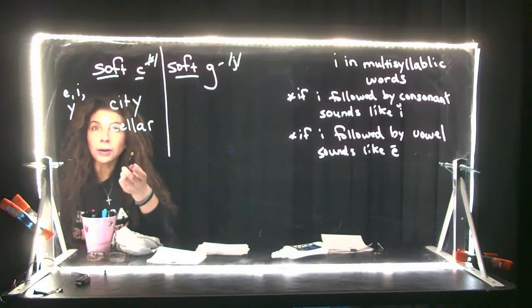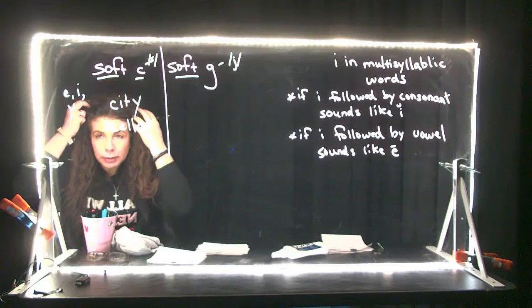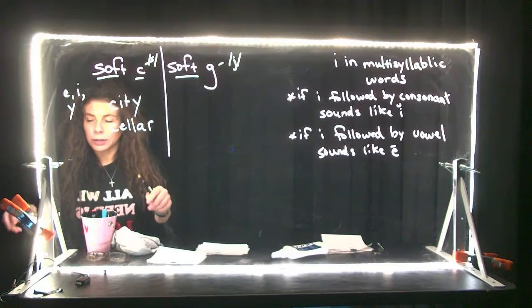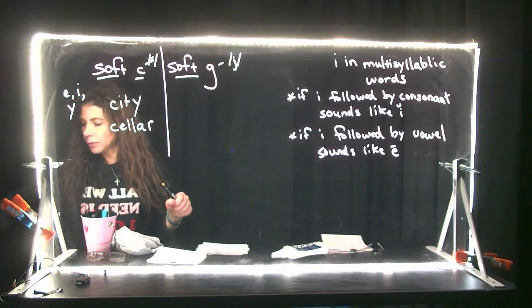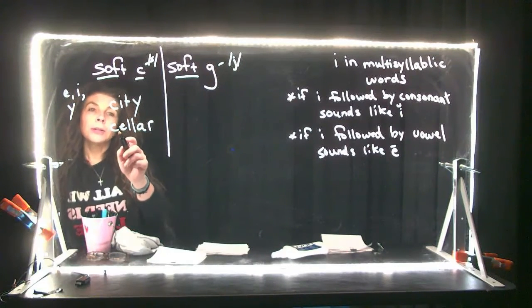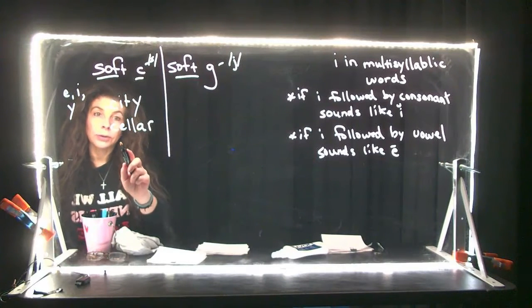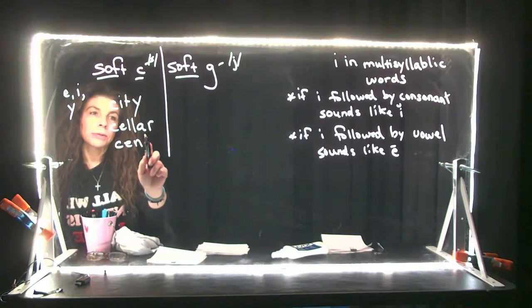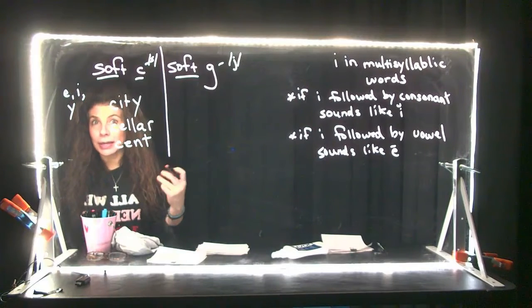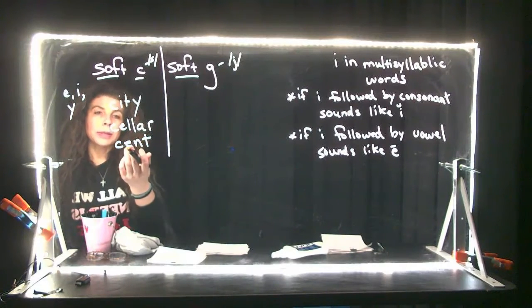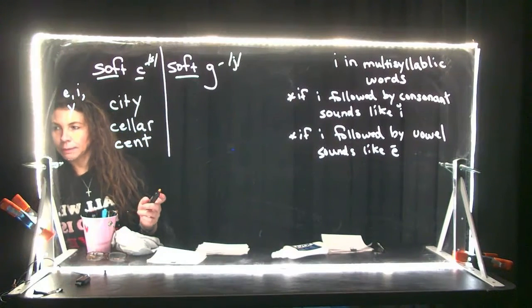Cellar, this is like a part of a basement. Sometimes you have cellars underneath, like in a basement or maybe under the ground. You don't say keller, you say cellar. Or scent, right? This is not the sent like I sent a note to my mom. This is scent like a penny.